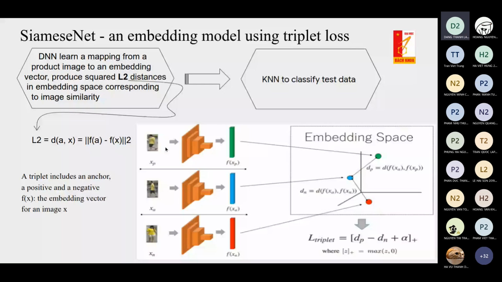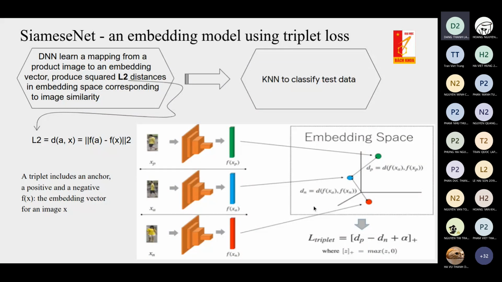And we input all 3 images to our model, and we acquire the embedding vector for each image, and we compute the distance between each of these vectors by using the L2 squared distance.